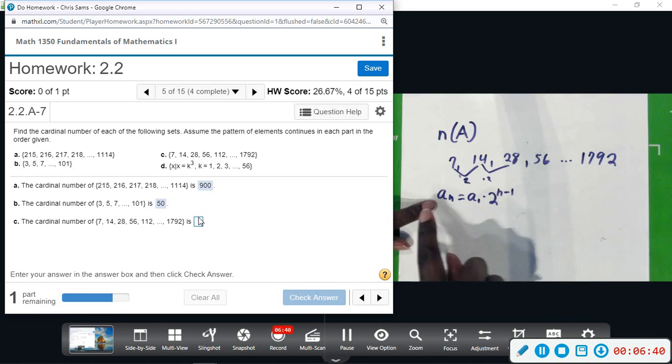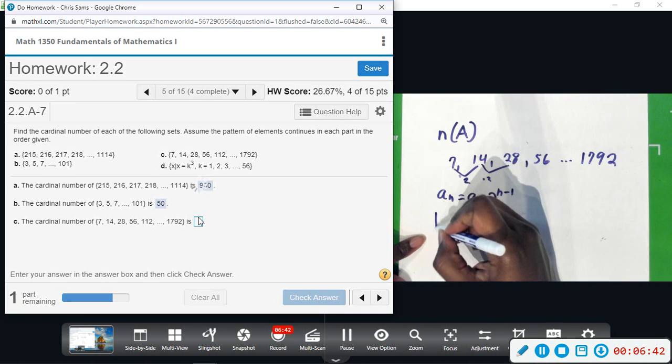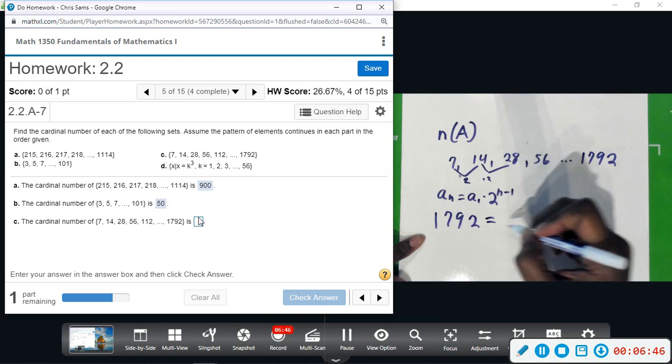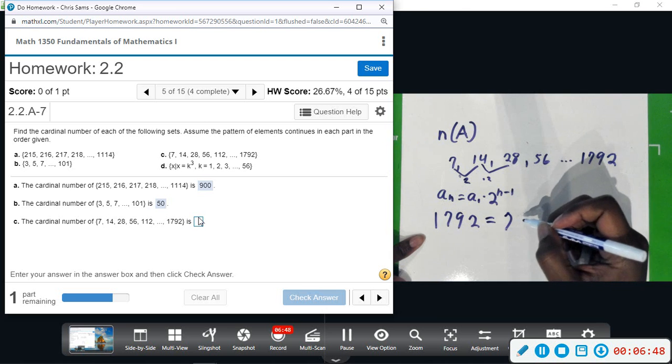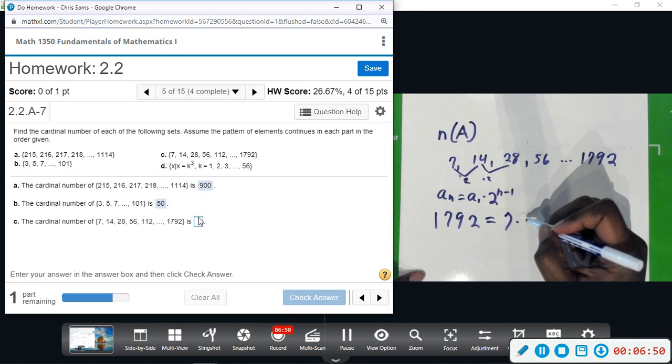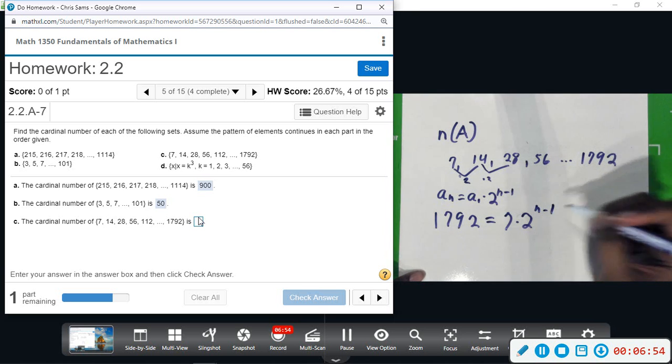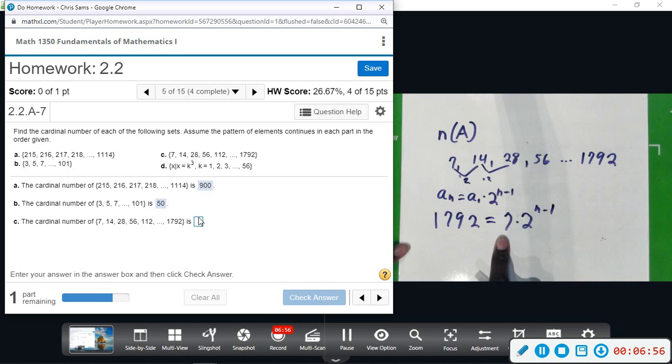I am going to input the 1792 equals the first term 7 times 2 to the n minus 1 power. Alright, to solve this, we're going to divide off the 7.